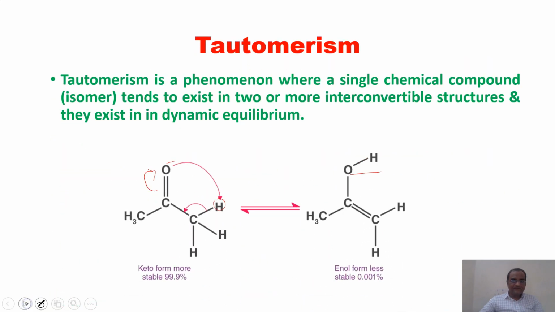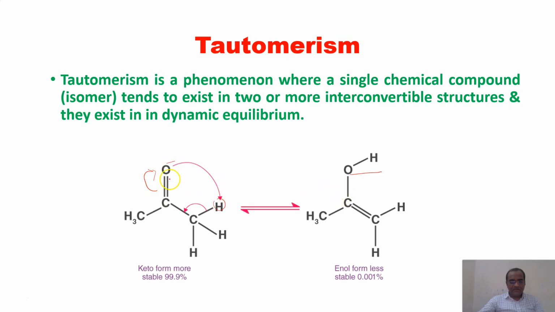Now the third class is tautomerism. In tautomerism, the molecular formula is the same again, and the only difference is that it is in the form of keto and enol. Why keto? Because it contains a ketonic functional group over here, right? And this ketonic functional group is interconverted into an enol form.